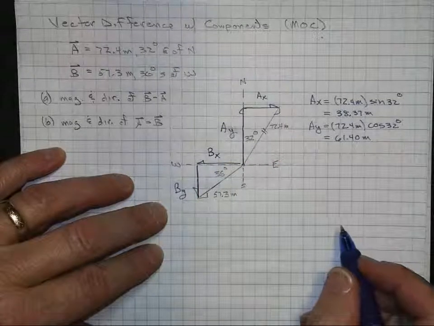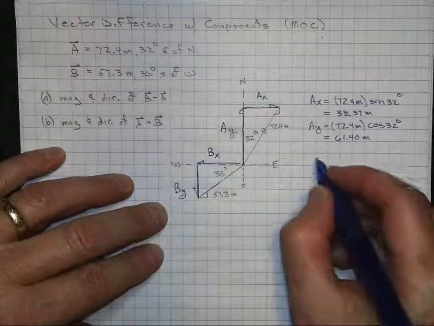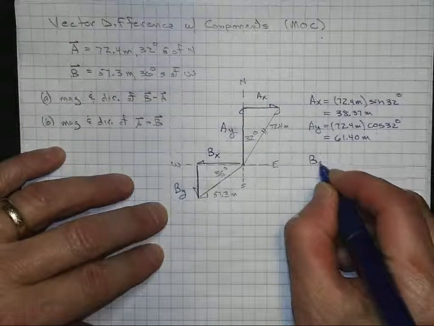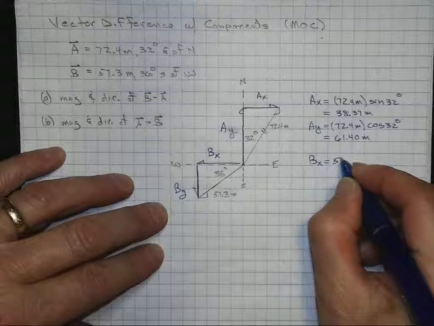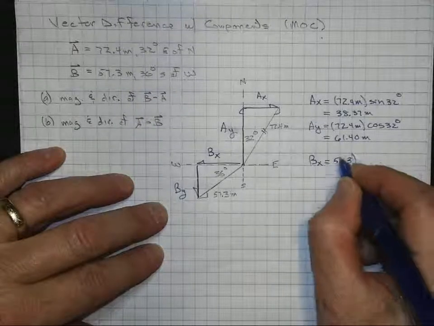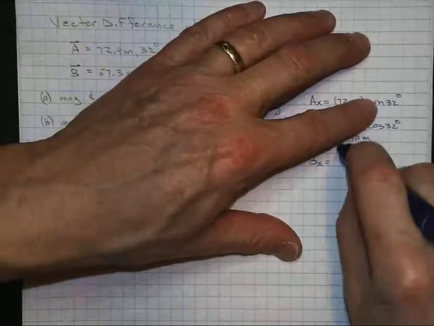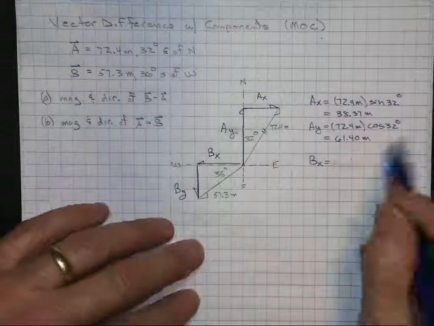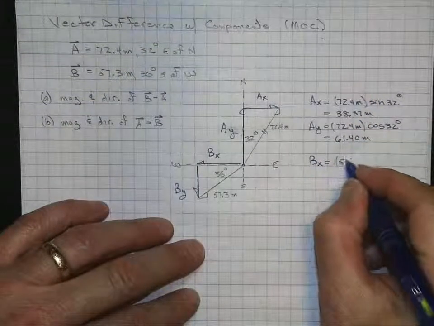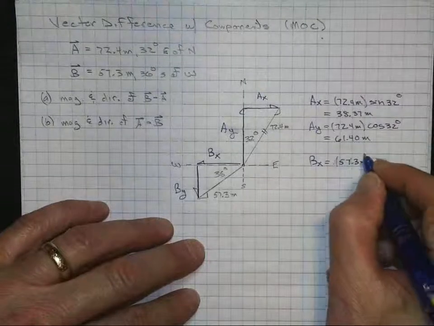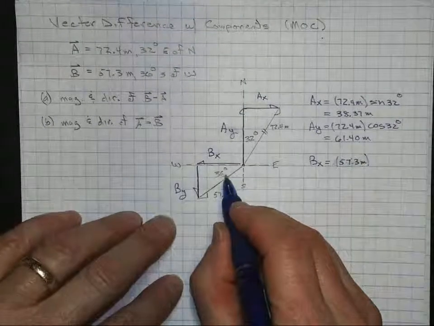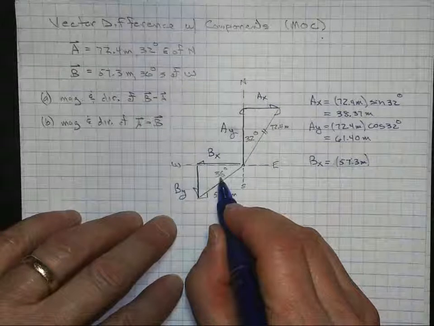Let's figure out what their values are. BX will equal 57.3 meters, and the x part will be times the cosine of 36.